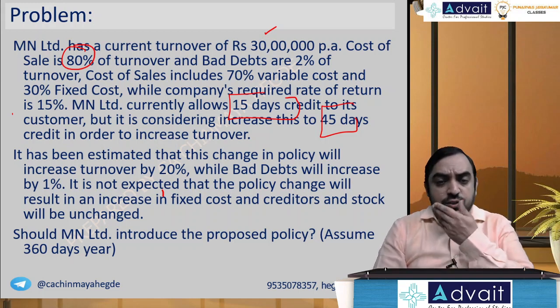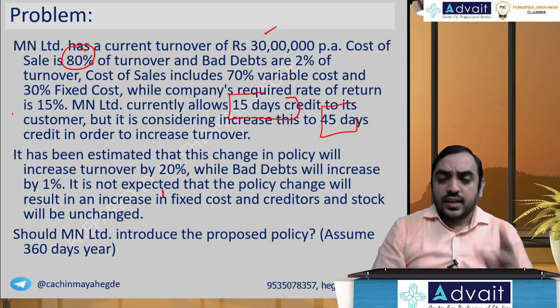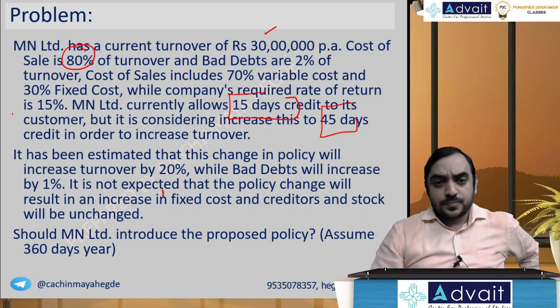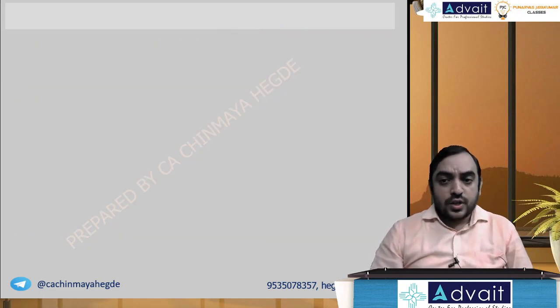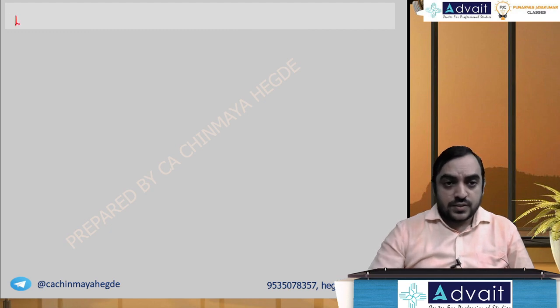Everything is credit sales only, nothing is cash sales, right? Cost of sales 80%, cost of sales includes 70% variable. Okay, I think everything is straightforward. There is nothing as such for cash sales. Okay, no problem. So I'll just do a quick working note for our reference.